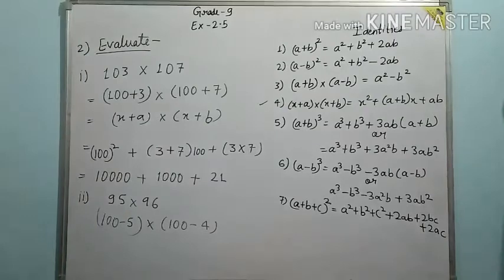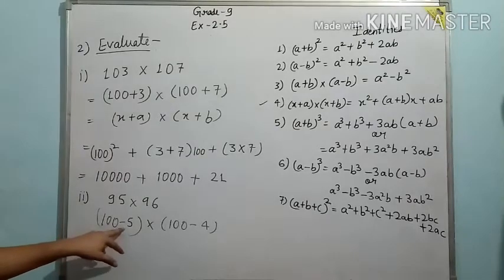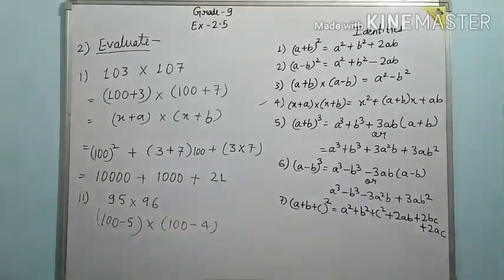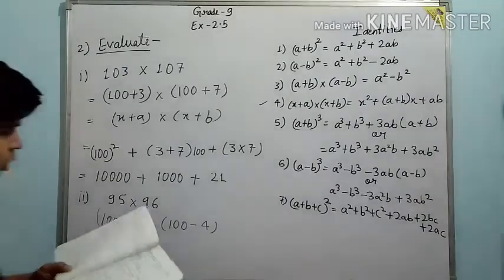So this will be better for you because here you have to do the square of 100 only, right? But in place of a you will put here minus 5 and in place of b you will put here minus 4, right?